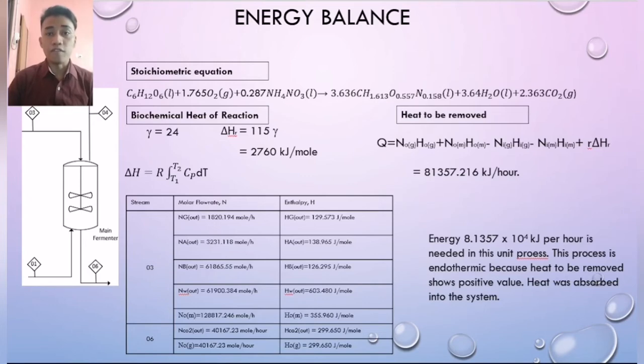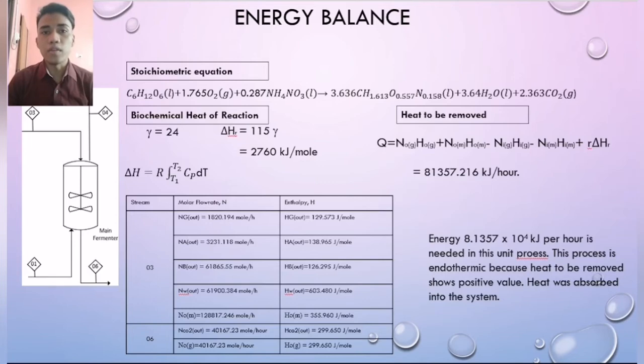We continue with energy balance in a way to find heat energy in the system. First, we have to find heat capacity and molar flow rate of each component in the unit process. Then we calculate biochemical heat of reaction, which is shown in the slide, which we get 2760 kilojoule per mole, that is needed in the equation of heat to be removed.